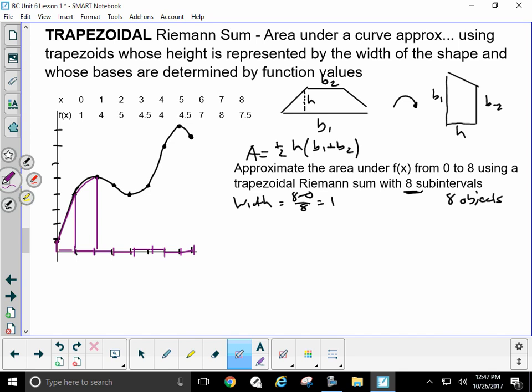Well, let's look at that. What does that appear to be on my graph? This h ends up being a delta x. And this B1, B2 ends up being like a function value F1 and a function value F2. Okay, so we're used to 1/2 h (B1 plus B2). It's going to turn into 1/2 delta x (F1 plus F2), or F n plus 1.